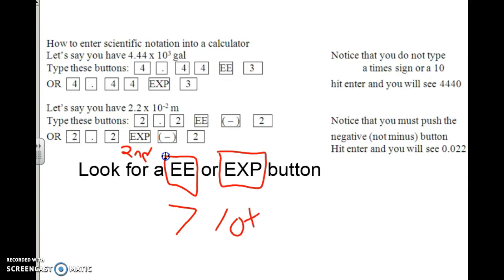Come see us if that applies to any of you. But if you type this number in, you would type a 4, a 0.1, a 4, a 4. Then you hit your EE button. You might have to hit the second button to get the EE. And then a 3, and your calculator, after you hit equal, should give you that for a number.